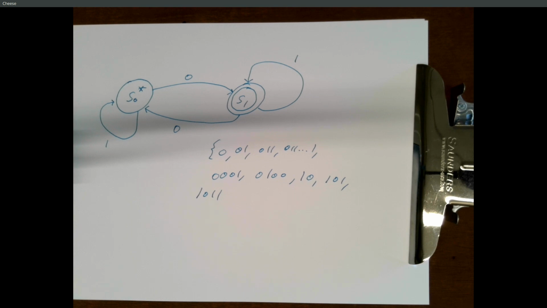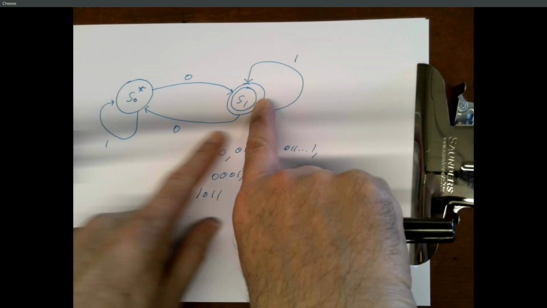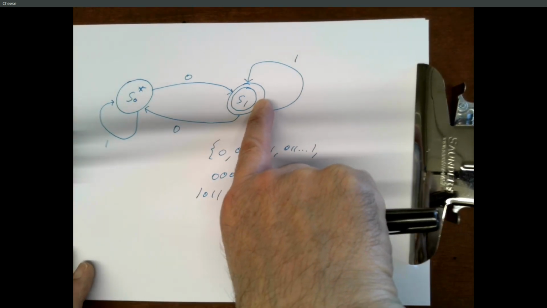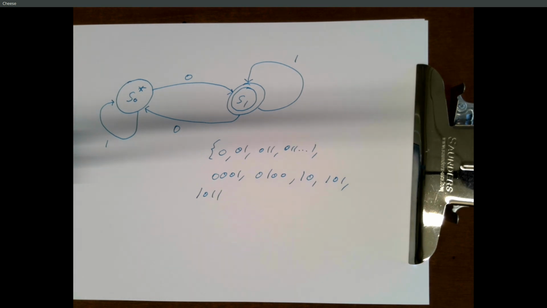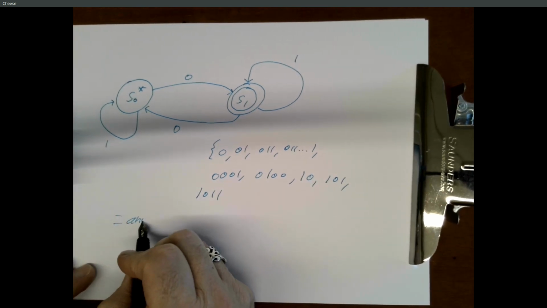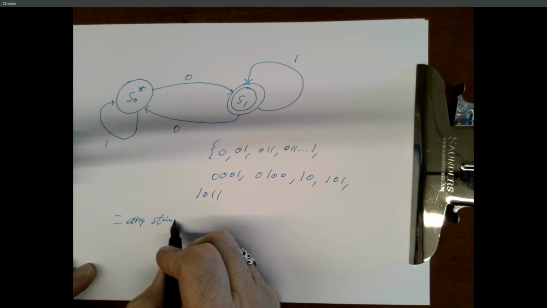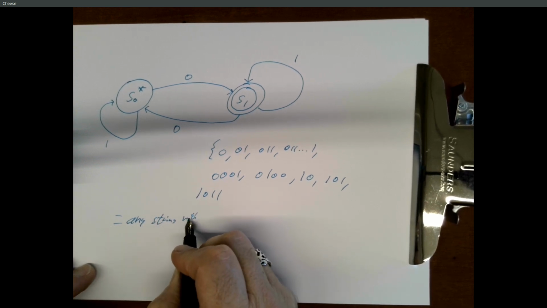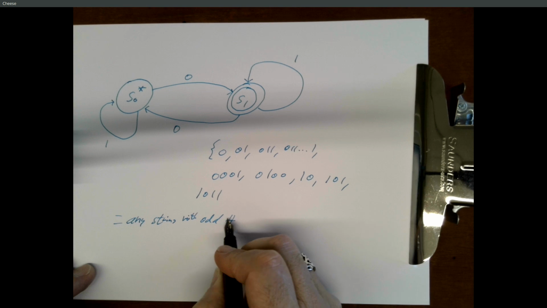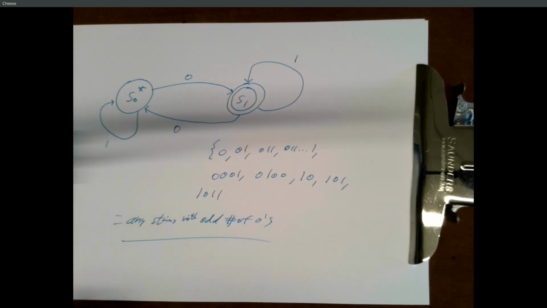It's an odd number of zeros. So first 0 will take you to a recognized state, and then you have to get 2 more to come back. And the 1s don't have any effect. So any string with an odd number of zeros will be recognized by this.